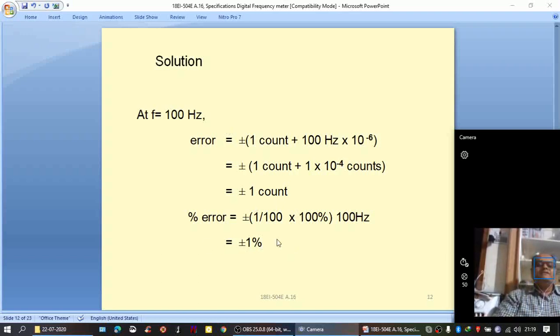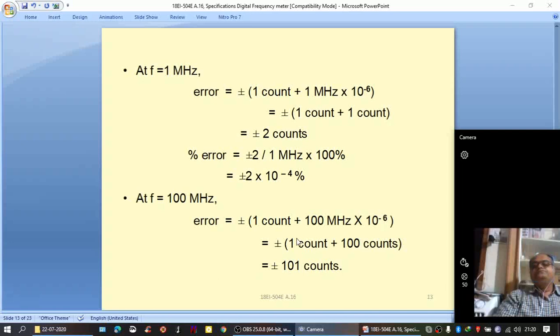And what would be the percentage error? Percentage error would be 1 by, what is the frequency? It is 100 into 100%. That is plus or minus 1% error. Now if we take the second case, 1 megahertz is the frequency to be measured. So oscillator error, or time base error, is 1 count plus counter error, 1 megahertz into 10 power minus 6.